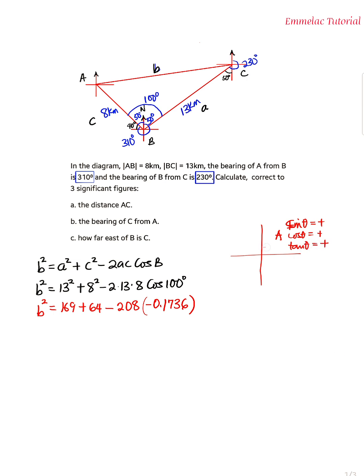The whole angle here revolves 90 degree. But in the next quadrant, sine theta is positive, while cos theta is negative, same thing as tan theta being negative. Immediately we can see that it is cos 100, which means it's in this quadrant, so the cos value will definitely be negative. That is why we have that negative value.